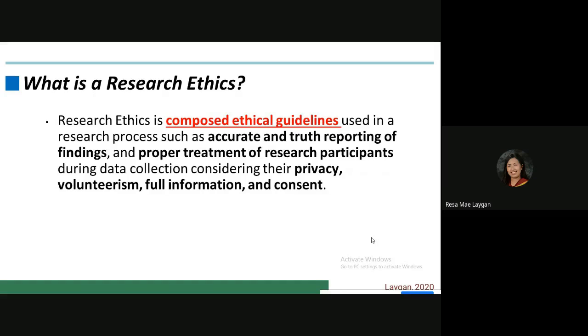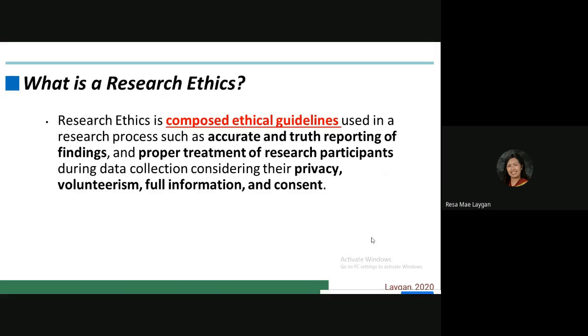All you need to do is support it with enough facts or evidence. Maybe you can use other studies, or the results of other studies, or the explanation of your related literature, to explain why that result happens.